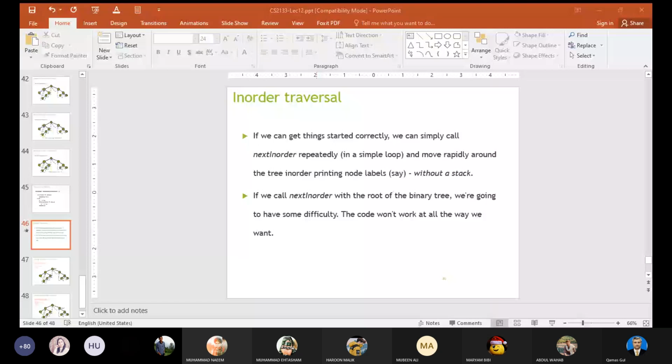So the first statement is, if we can get things started correctly, we can simply call next in order repeatedly in a simple loop and move rapidly around the tree in order, printing node labels without a stack. So this is a big achievement, that we are performing the in-order traversing without using a stack.